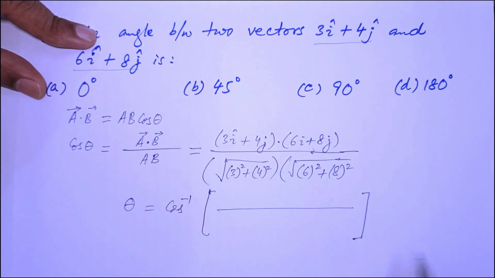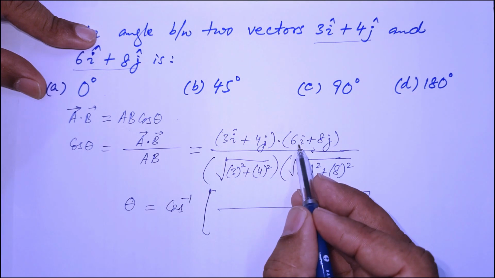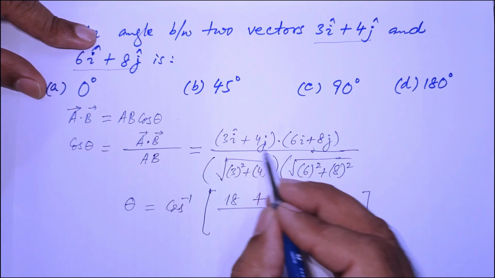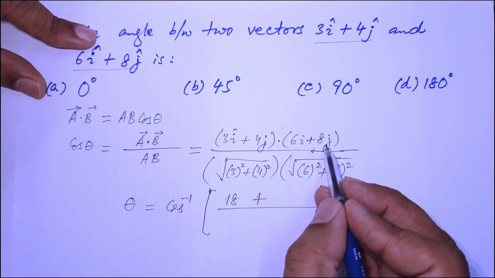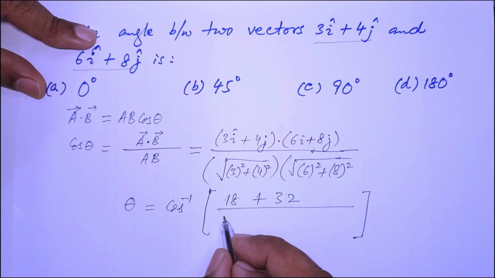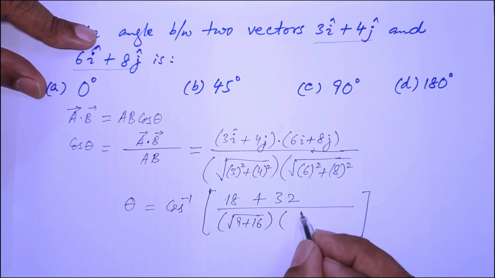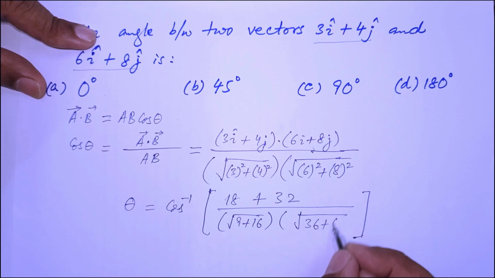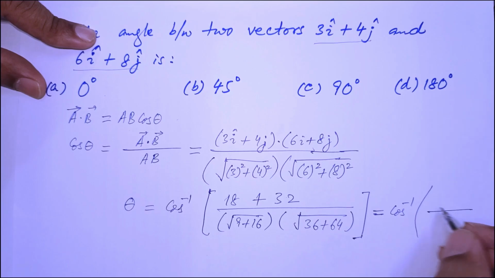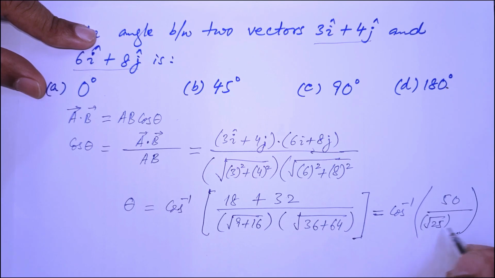In the numerator we'll have i dot i is 1, so 3 sixes are 18, plus i dot j is 0, j dot i is 0, j dot j is 1, so 4 eights are 32, and in the denominator we will have what? This will be 9 plus 16 and this will be 36 plus 64. So we'll have cos inverse of 18 plus 32 is 50, over square root of 25 multiplied by square root of 100.